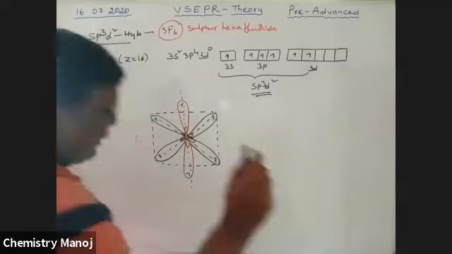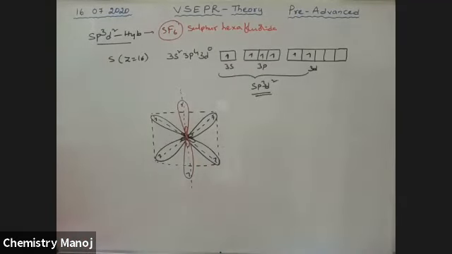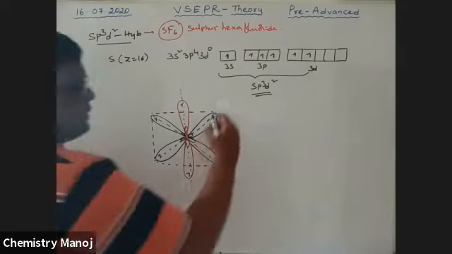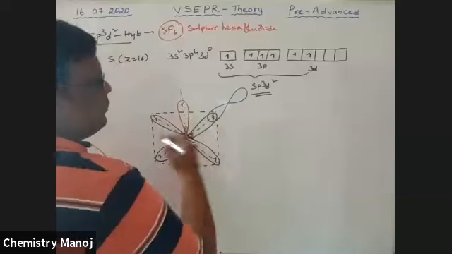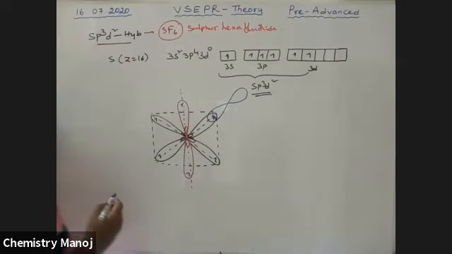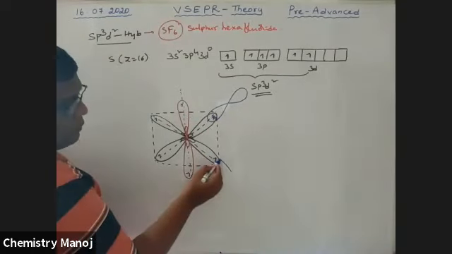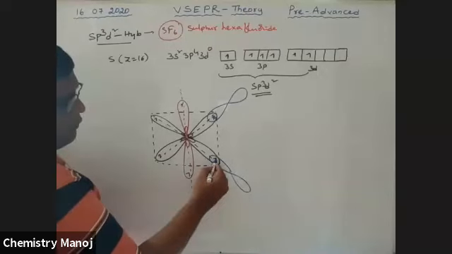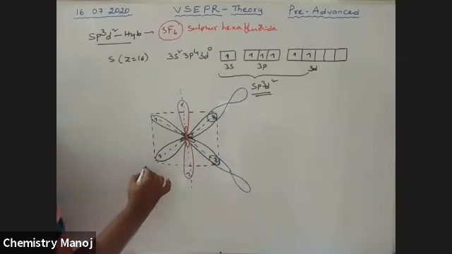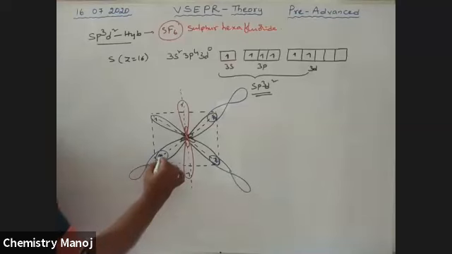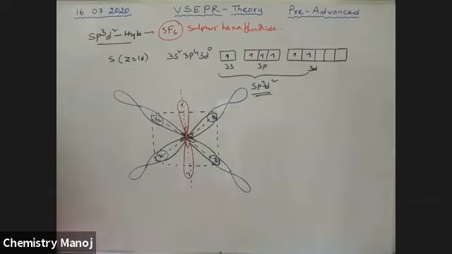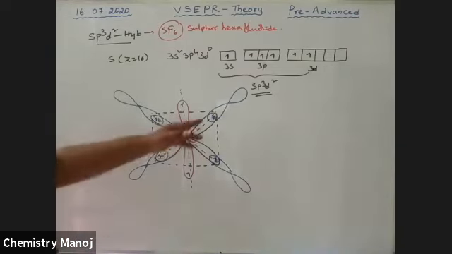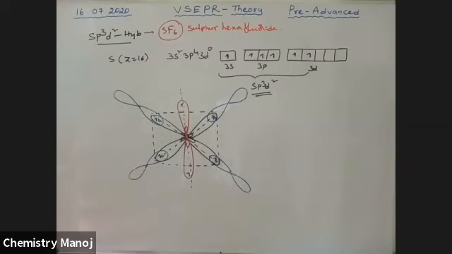Each fluorine has one unpaired electron in a p orbital, so that p orbital is involved in overlapping. See here, fluorine p orbital. These are the equatorial bonds, because the equatorial orbitals are involved in that overlapping.